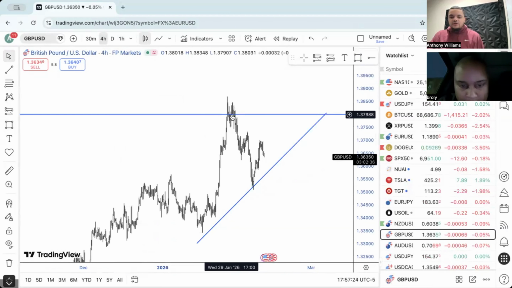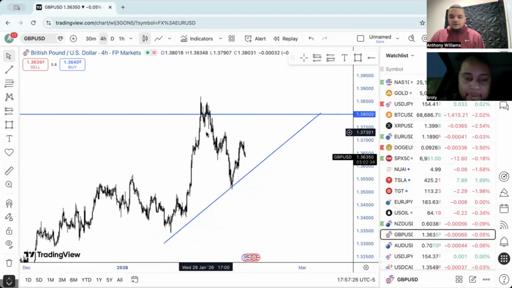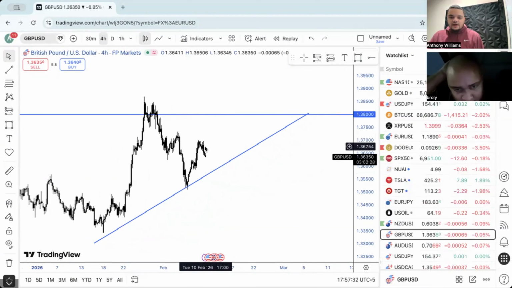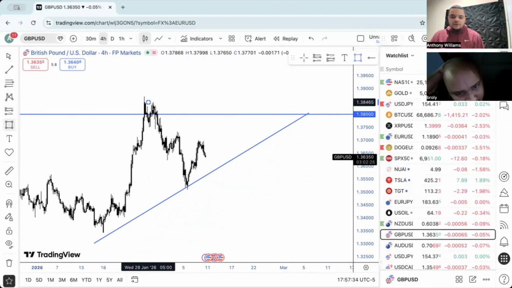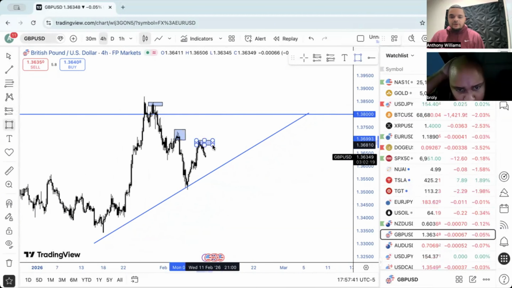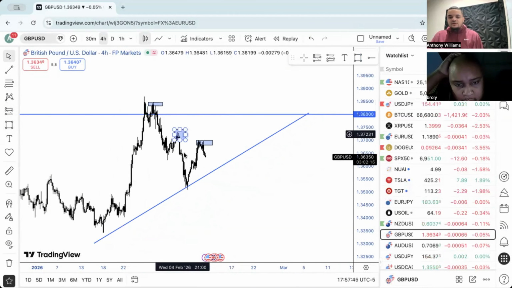When it came in here, it covered the gap and fell, so it made a 4 hour lower low, lower high, lower low, lower high. And then you can see it right here where we're dropping, we're dropping, we're dropping. It would make sense to get in on the lower high since we're already dropping.